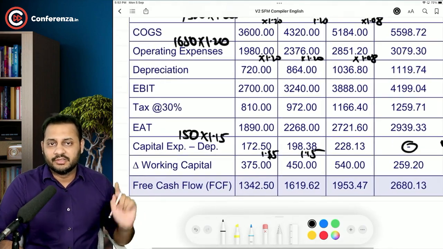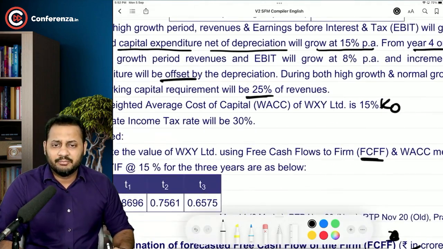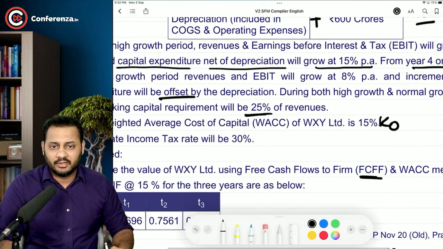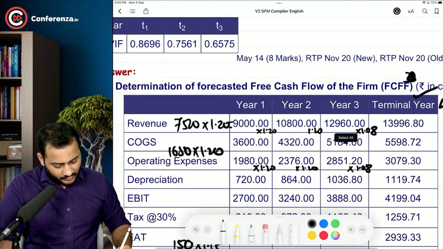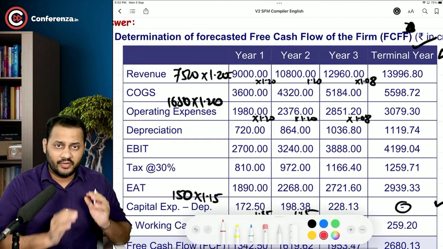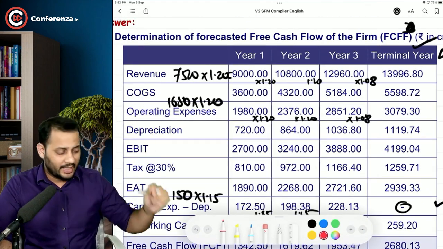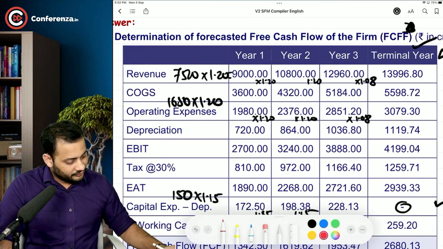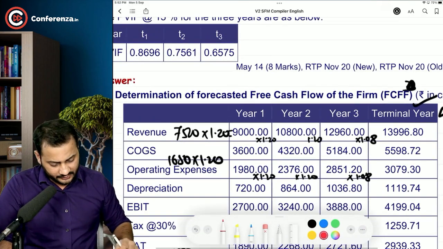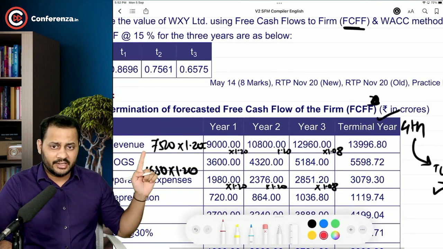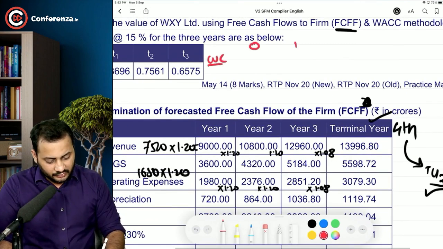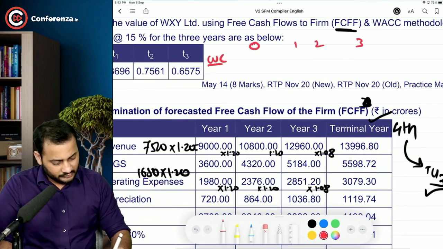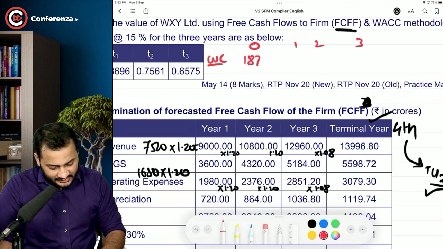Now comes the change in working capital. The question is very clear about the working capital requirement, which is 25% of the revenue. If you calculate 25% of the revenue at time 0, 7,500 into 25%, working capital for years 0, 1, 2, 3 comes to 1875.